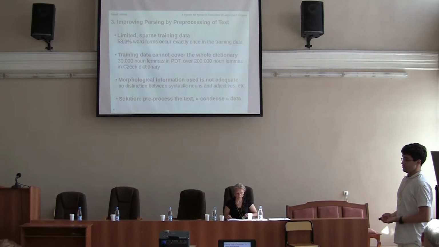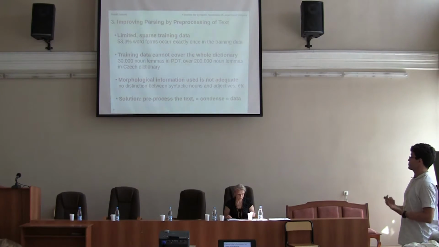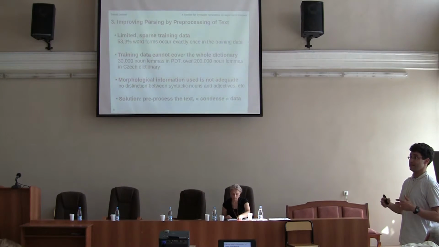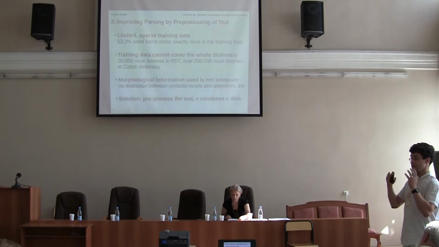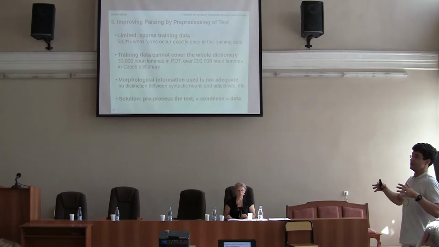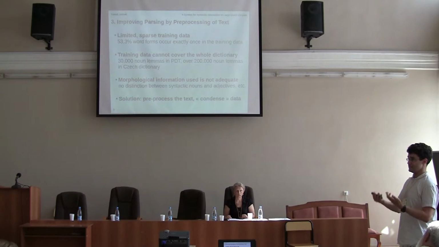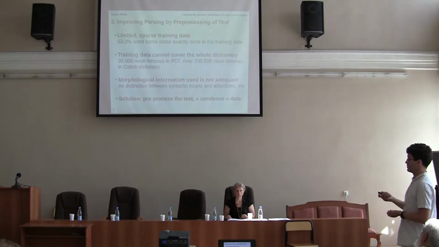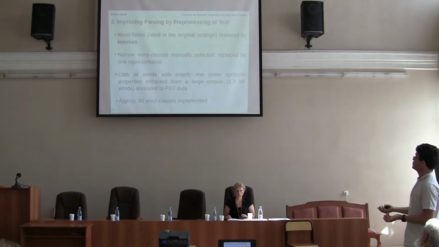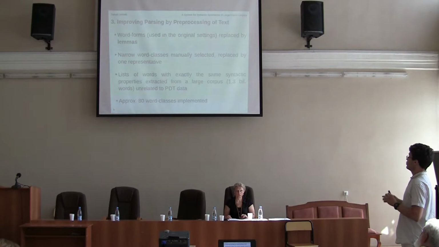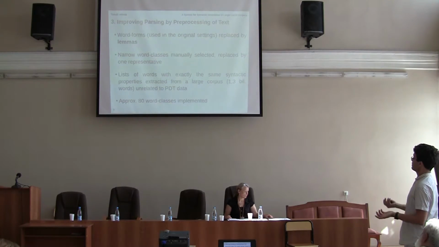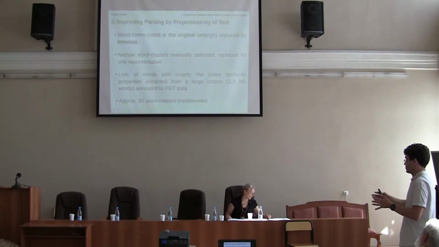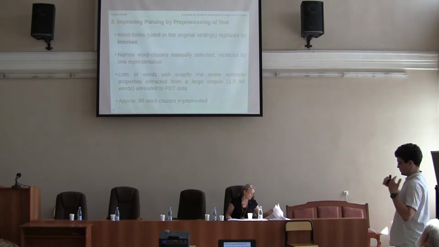So the first of our solutions is to pre-process the text, condense data, and change the data we give to the parser so that they are not so complicated, less varied, and so the parser can learn the system more easily. What do we do? The first approach is that we replace word forms used in the original settings by lemmas. This is quite an easy change. But what is the main task?